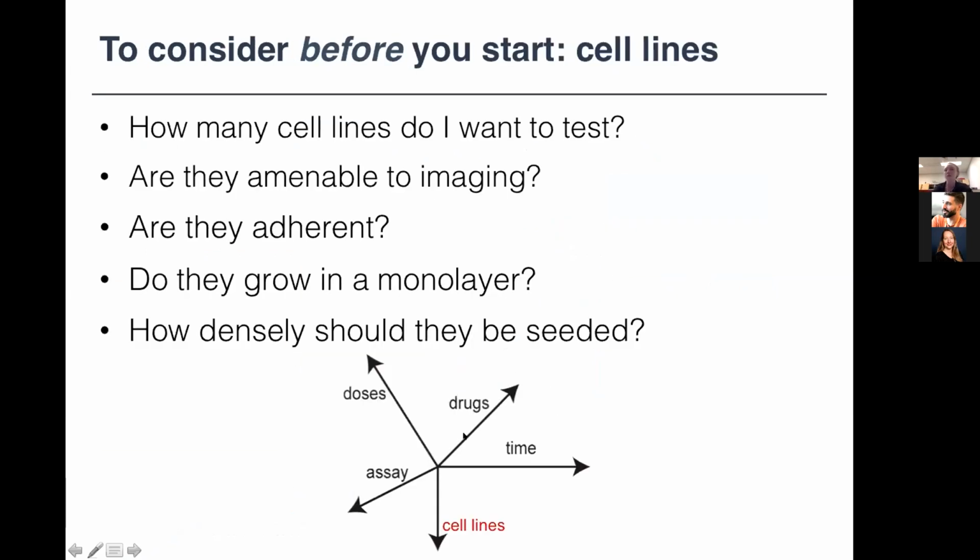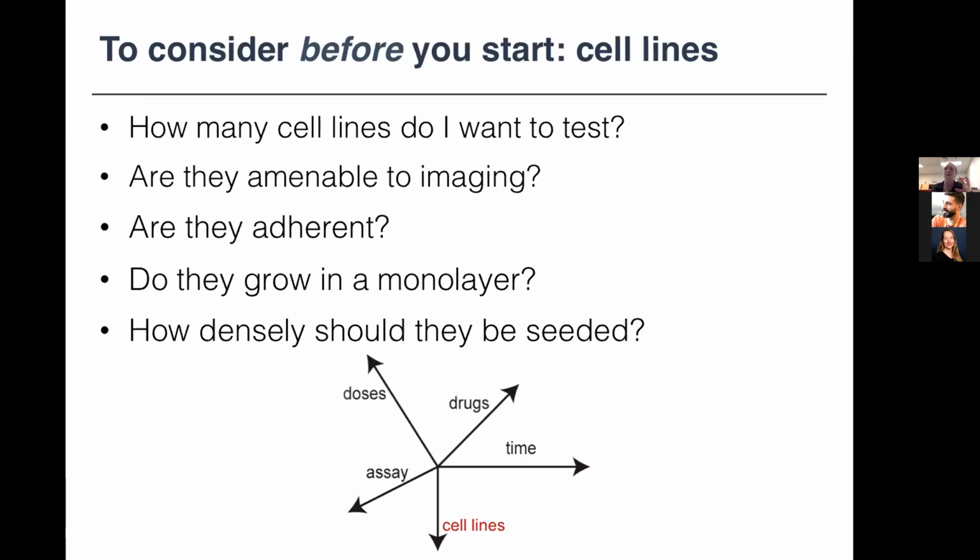And so there's lots of things to consider before you start any kind of dose response study. Things that are important to consider are the number of cell lines that you want to test. For this assay, it's important to determine if they're amenable to imaging. So broadly, this means, are they adherent? A little bit more detailed, do they spread out nicely?